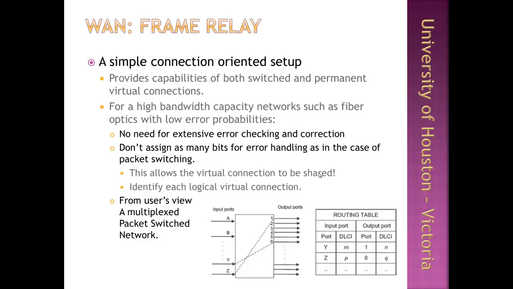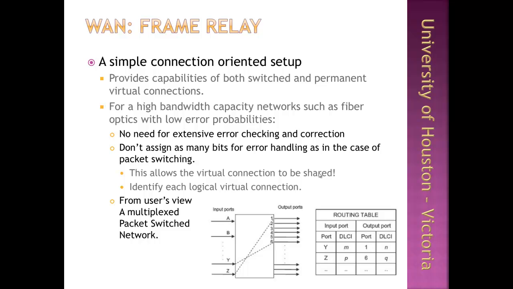Frame relay is therefore a simplified X.25 protocol with minimal services. Frames of data can have a length of up to 1600 bytes. Bad frames are discarded, and data rates for frame relay are higher. For example, T1 supports about 1.5 megabits per second, and T3 supports up to 44 megabits per second.